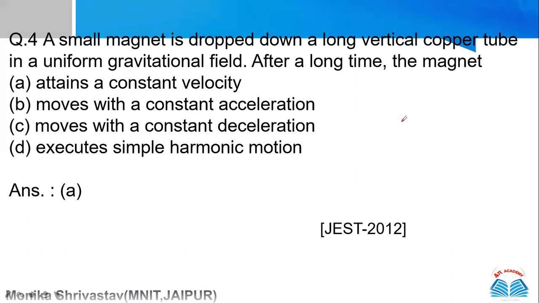So the copper tube is open on both sides. This is your copper tube, and I am leaving a magnet from this side, and this magnet is moving into this copper tube. It is coming down.